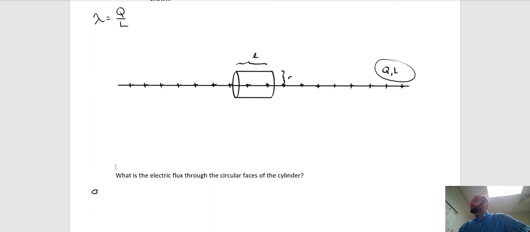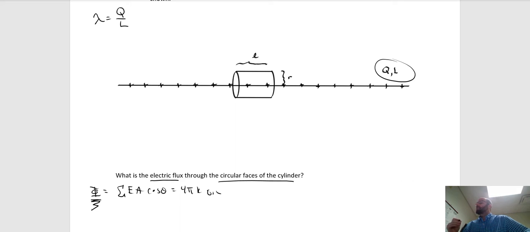Now, Gauss's law, I will write it out for you, says the total electric flux, which is the sum of all the EA cosine thetas over a closed surface, is equal to 4 pi k times the charge inside the surface. So let's see, what is the electric flux through the face shown? Basically, that's this, right? That's the total flux through that closed surface.